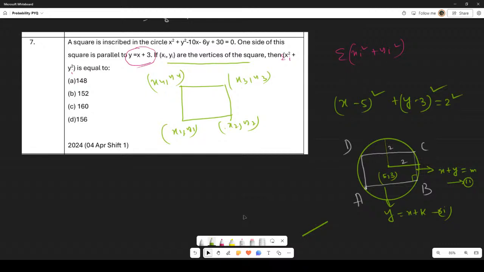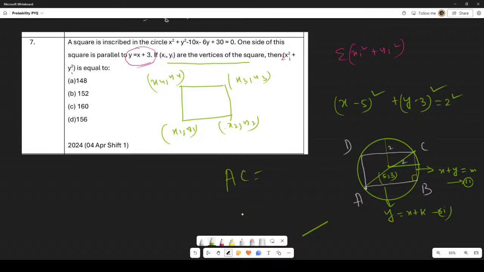Now, the circle radius is 2. What is the length of the diagonal? The length of side AB.